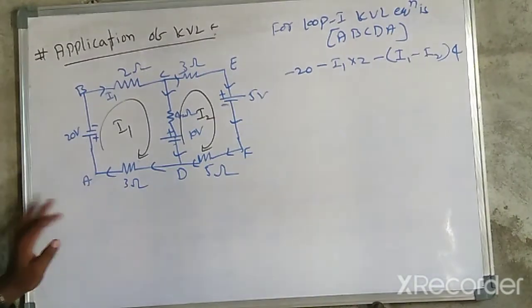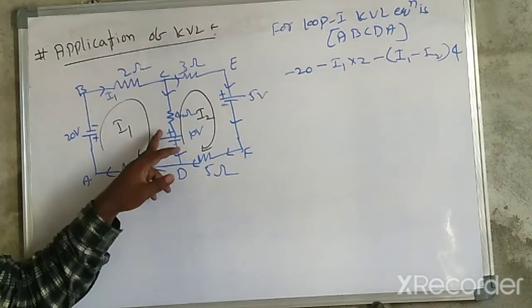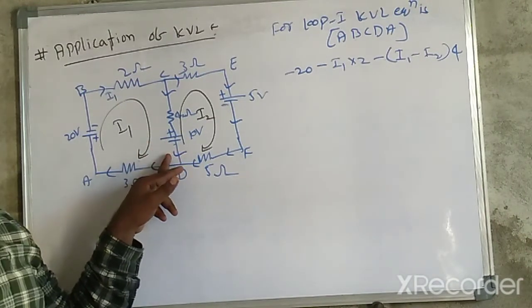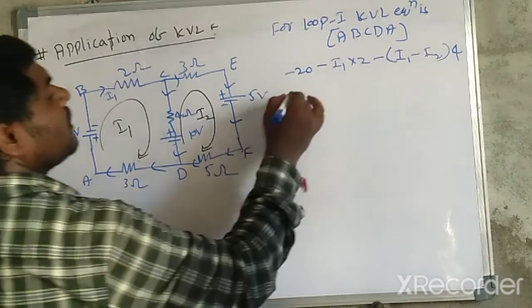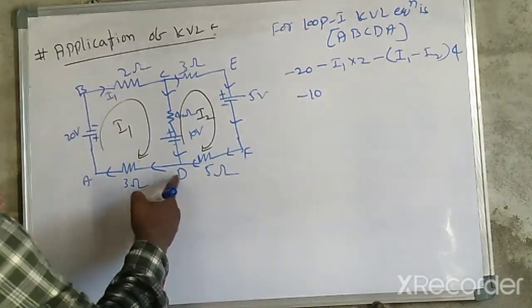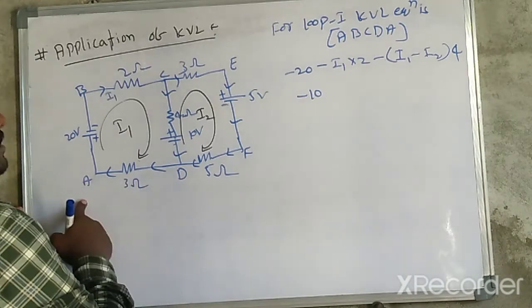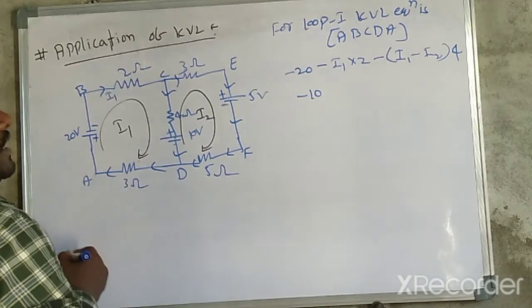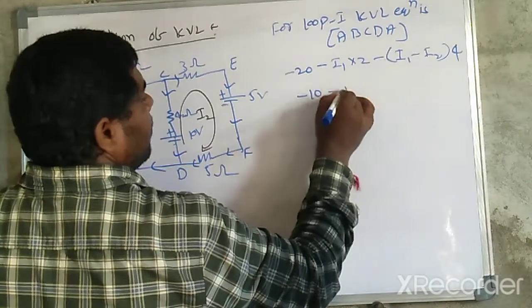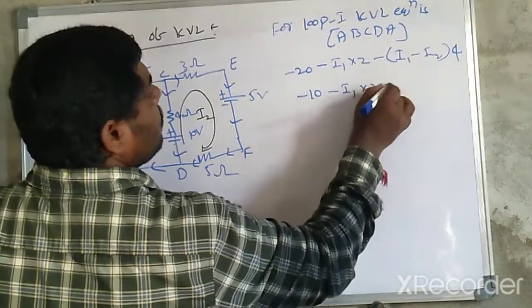Next, the battery positive to negative means minus 10 volt. Next D to A: the current direction and your path direction are the same. That's why minus I1 into 3 is equal to 0.